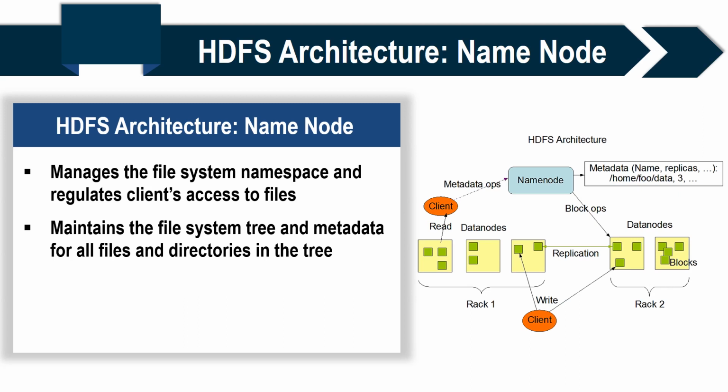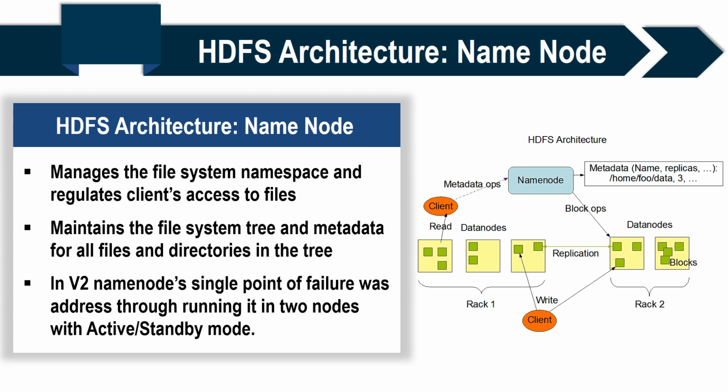To mitigate this problem, in version 2, the name node was introduced in active-passive mode, such that if any one of the nodes fails, the other node takes over and provides high availability to the whole cluster. Next one is the data node.